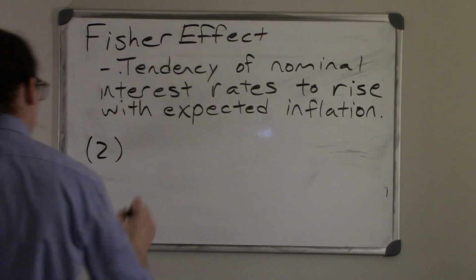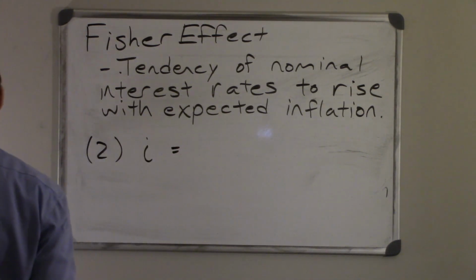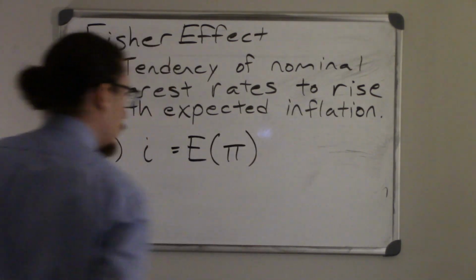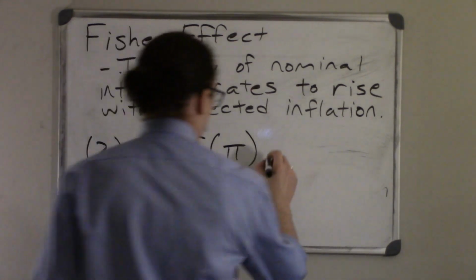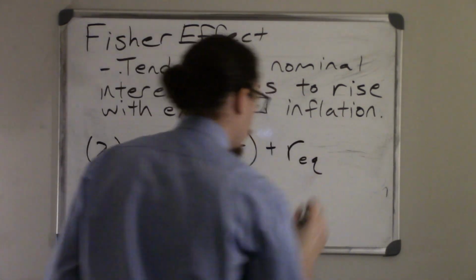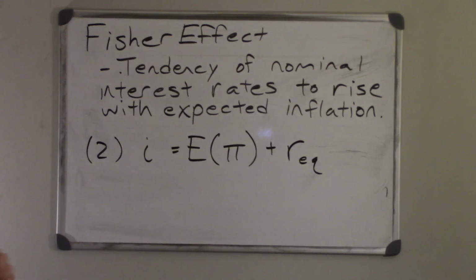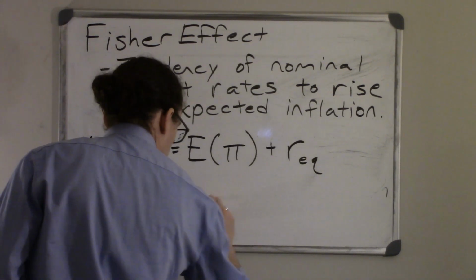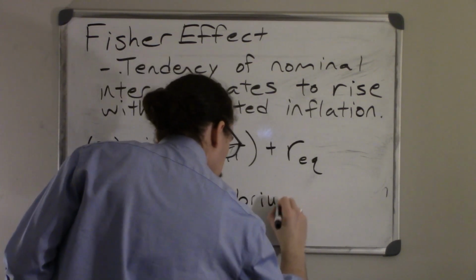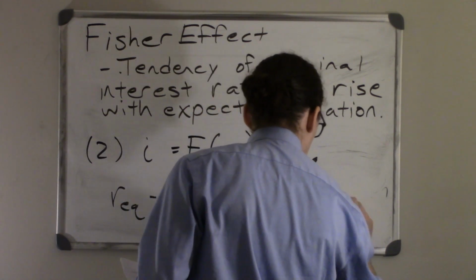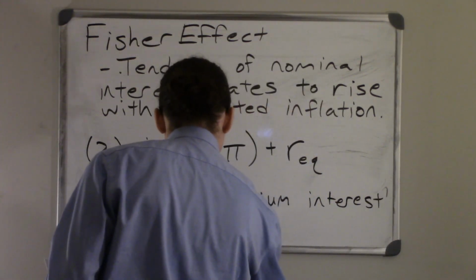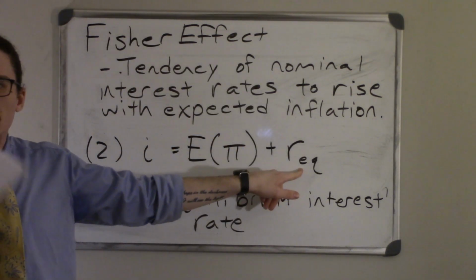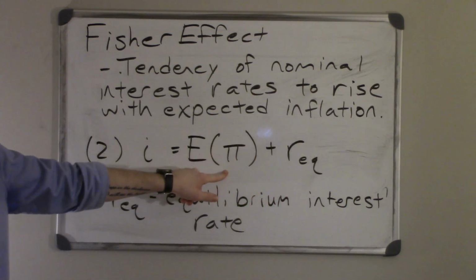All right, and we can represent that with another equation. All right, so the nominal interest rate equals the expected inflation rate plus the equilibrium interest rate. Right, so they're saying, hey, this is the interest rate I actually want to receive at the end of the day.